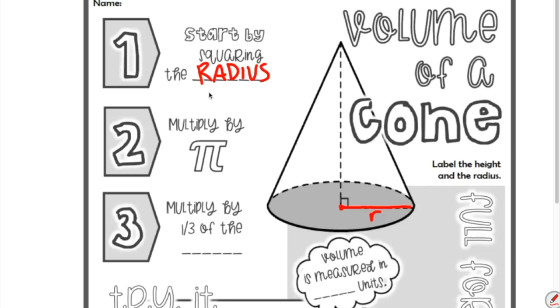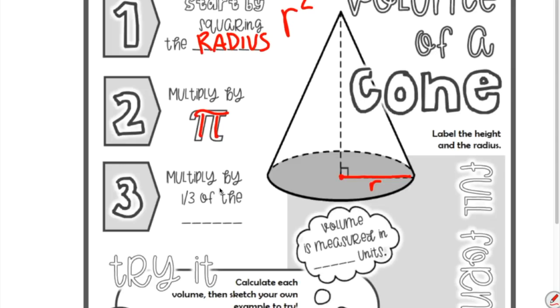Take your radius that's squared, so r squared, right? We're multiplying it by pi again. Multiplying it by pi. And then you are multiplying by 1/3 of the height, okay? 1/3 of the height.